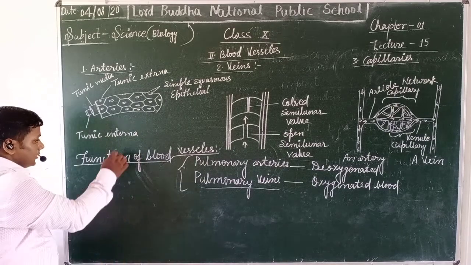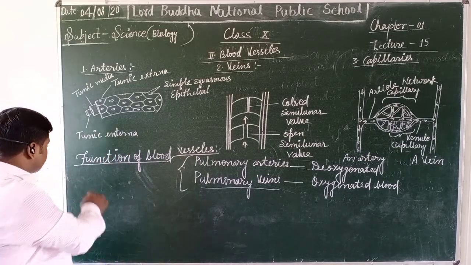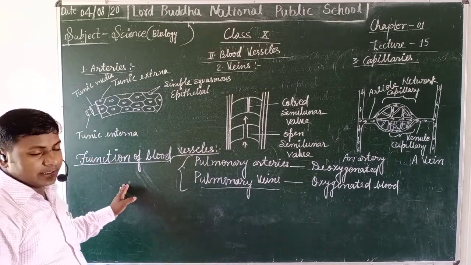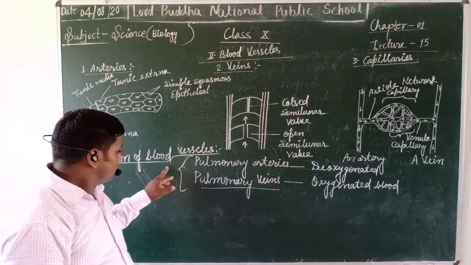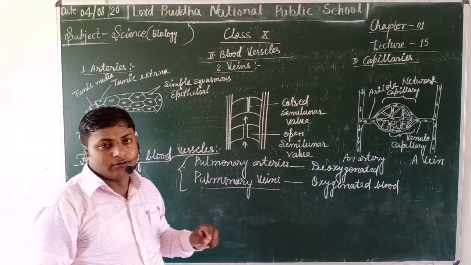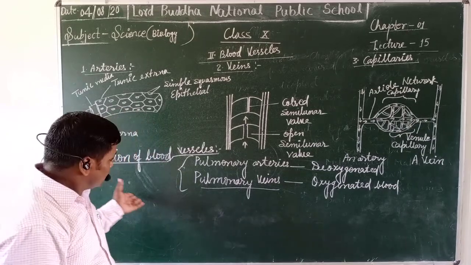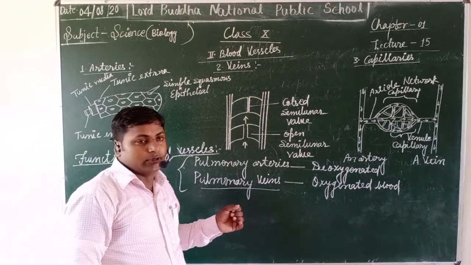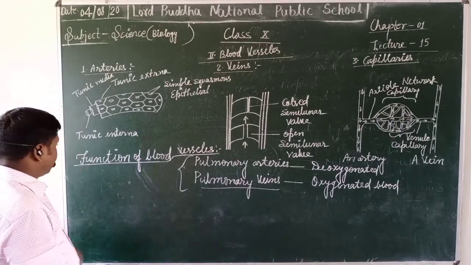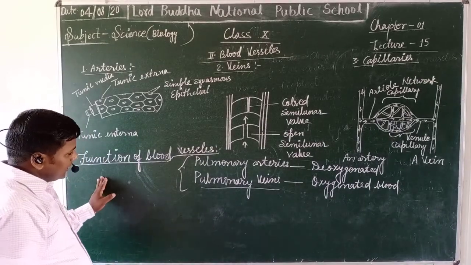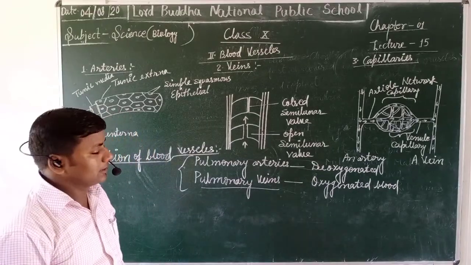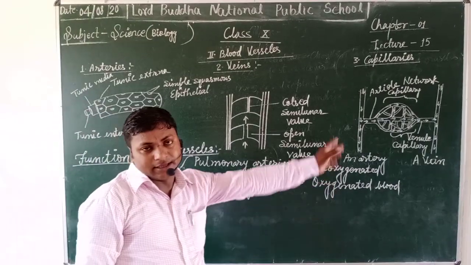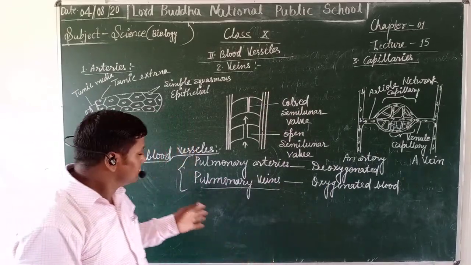First of all, it carries all kinds of fluid materials and gases like oxygen to the whole parts of the body cells. Next, it also helps in the transport of nitrogenous waste and gases like carbon dioxide.